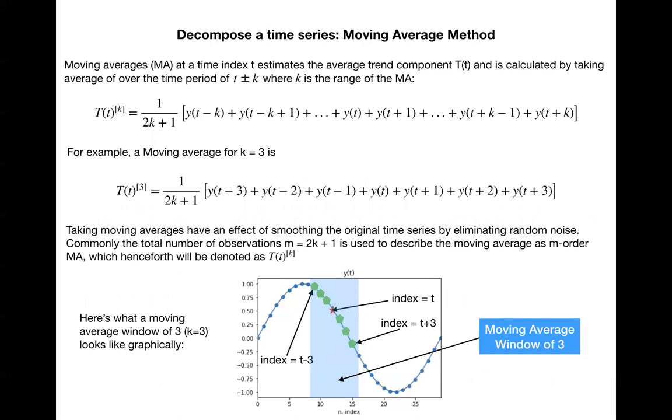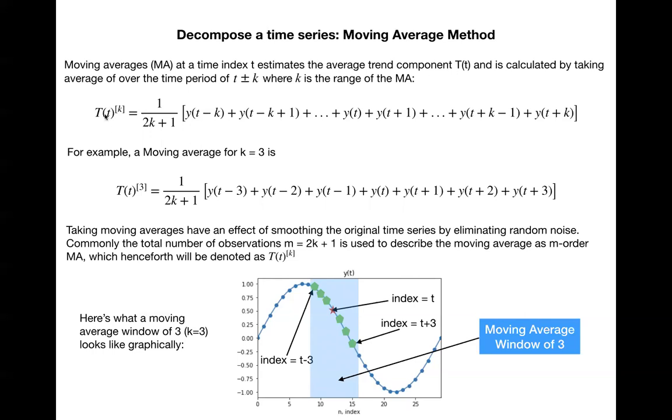First, we'll talk about the moving average method. The moving average, MA, at a time index T, basically estimates the average trend component and is calculated by taking the average over the time period T plus or minus K in this range. K is the range of the moving average.